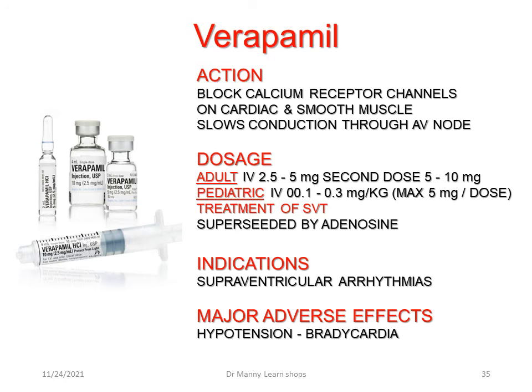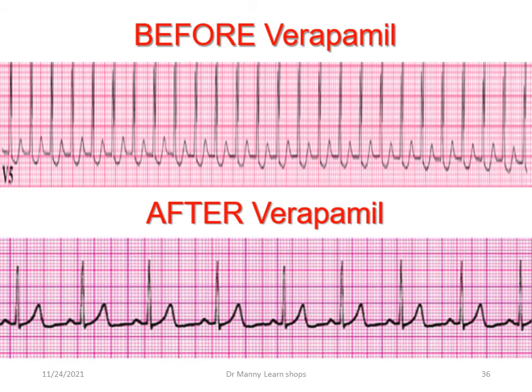However, if you do give verapamil, it's used for supraventricular arrhythmias such as atrial tachycardias, atrial fibrillation, atrial flutter. The major adverse effects are hypotension and bradycardia. Have a look. Before verapamil, we have a supraventricular tachycardia. After verapamil, God willing, they have converted into a sinus rhythm.